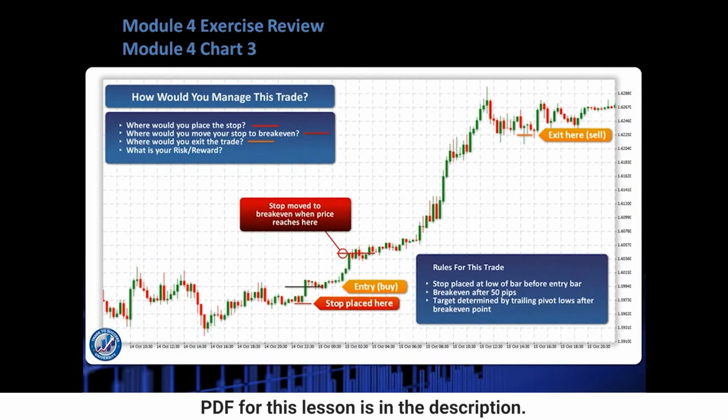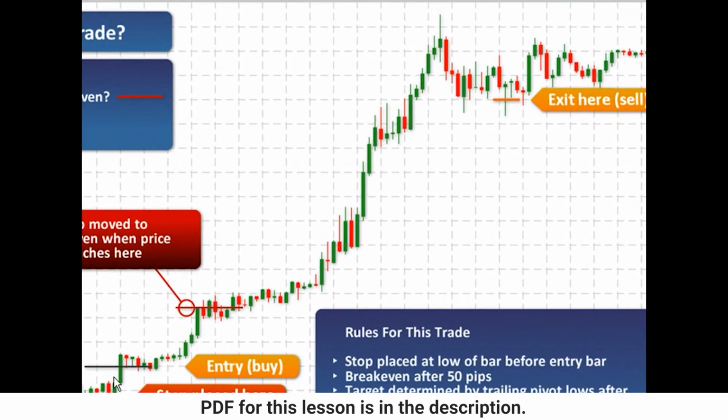What is your risk reward here? So again, we approximate by looking at the grid lines. We see that the original risk is about 1 and a quarter boxes. And what is our reward? Well, our reward from the entry point is 1, 2, 3, 4, 5, 6, 7, 8, 9, 10, 11 boxes.